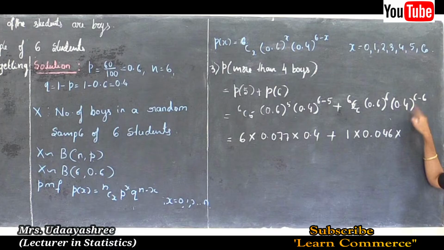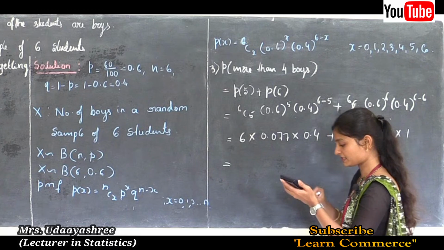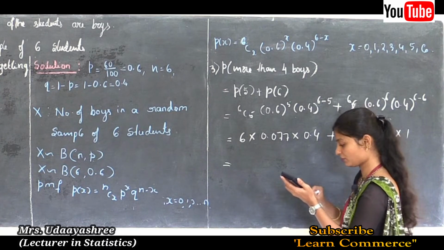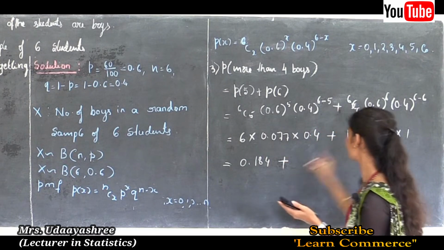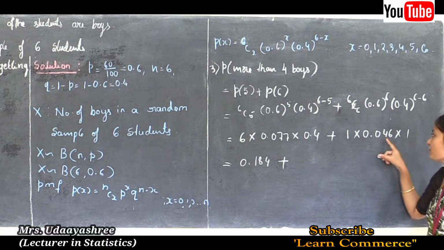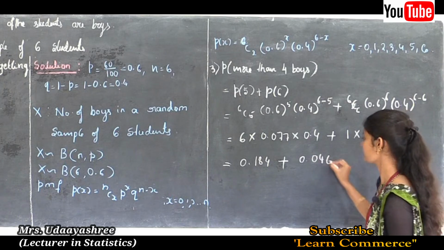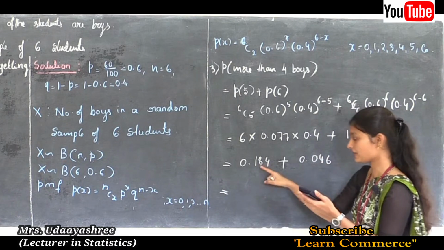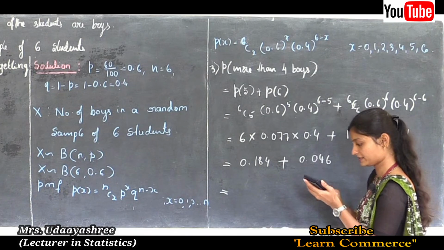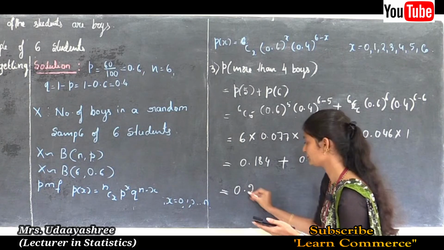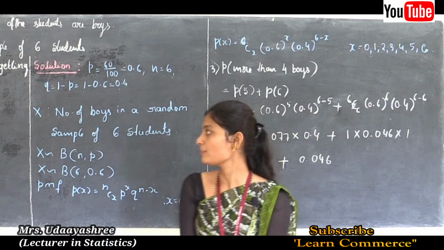So, 0.4 to the power 0 is 1. Okay, this is equal to 6 into 0.077 into 0.4, the value is 0.184 plus here 1 into 0.046 into 1 is 0.046. Okay, this is equal to 0.184 plus 0.046 is 0.23. Okay, this is the calculated answer of probability of getting more than 4 boys.